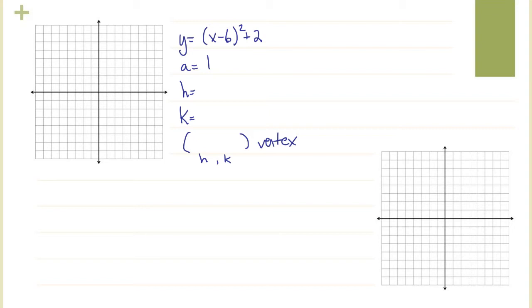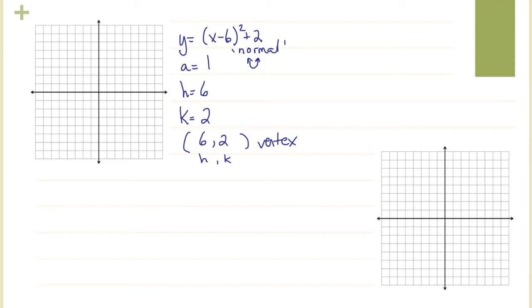So our A is going to be 1. That means it's going to be a normal width, and it's going to open up. H is going to be 6 because it's the opposite sign of what you see. The equation comes with the negative sign, so what got stuck in place of H was a positive 6. And then K keeps the sign we see. So that means my vertex is going to be (6, 2).